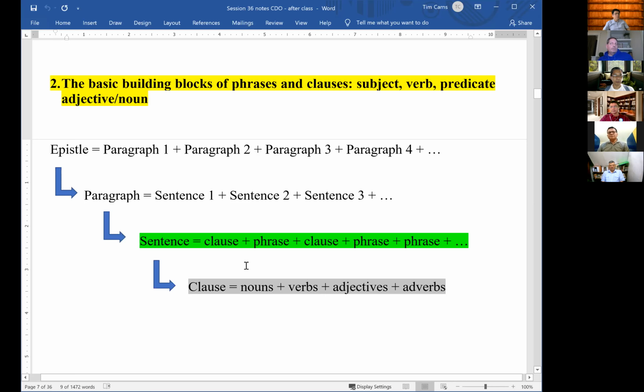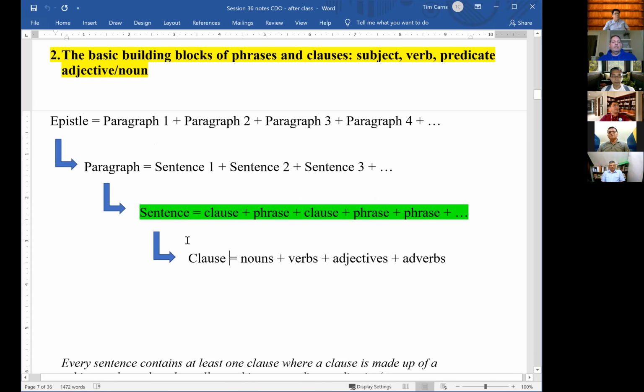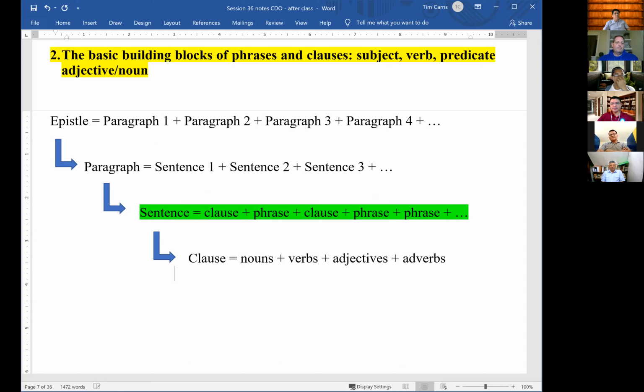And this will be something we covered quite a while back, but I wanted to review it here and look at it now going from the bottom up. Okay. So again, while a clause is made up of these four, or can be made up of these four types of words, as well as, and maybe I can put this here. This is probably would be helpful.